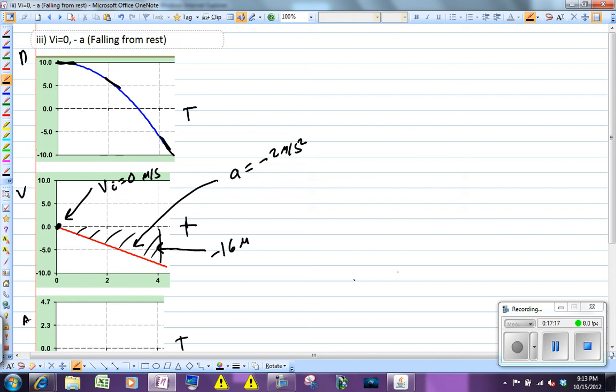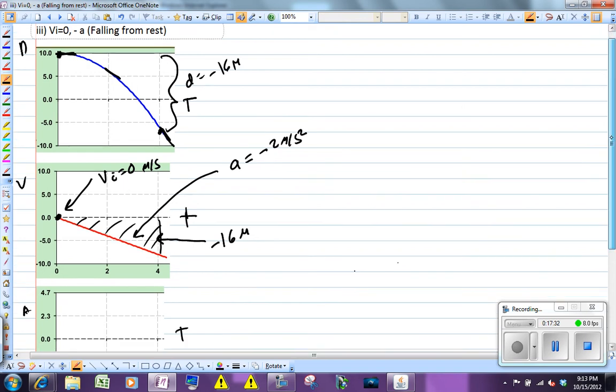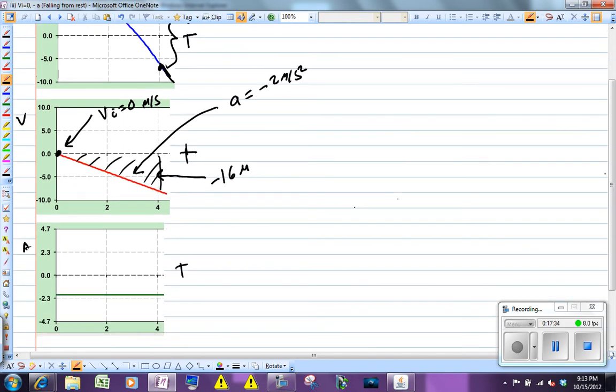Similarly, if you go from a position of 10 meters to a position of -6 meters, that is also going to be a displacement of -16 meters. And when you look at the acceleration versus time graph, again, you're going to get a horizontal acceleration line at -2 meters per second squared, because that's the acceleration.